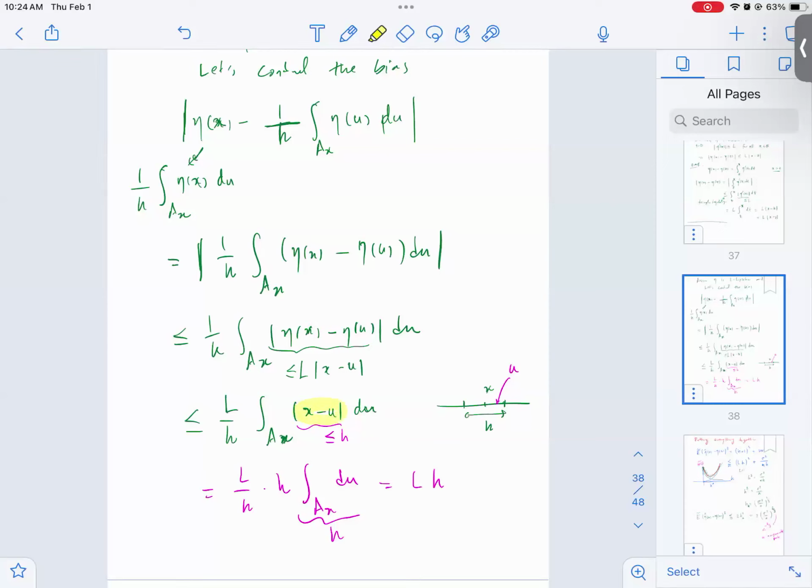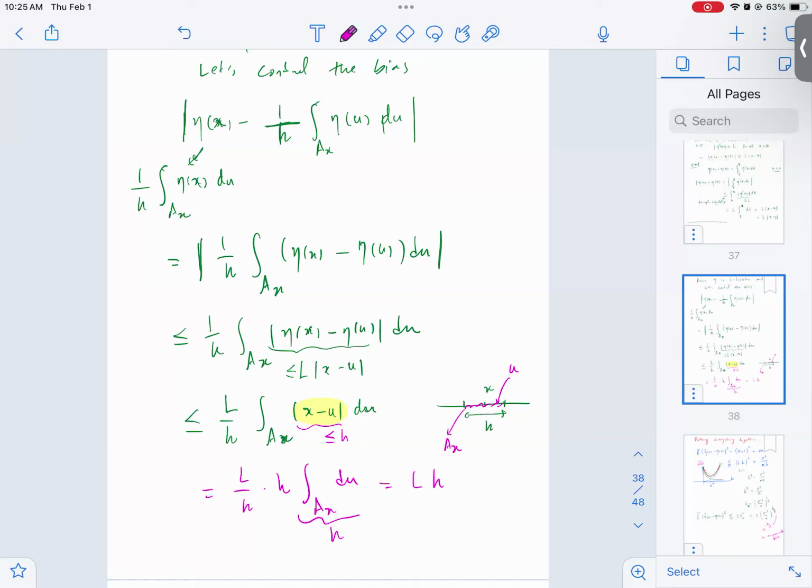So this quantity is |x minus u|, the absolute value, and this is bounded by the diameter of A_x, because both x and u are in A_x. A_x is the set of the partition that contains x.